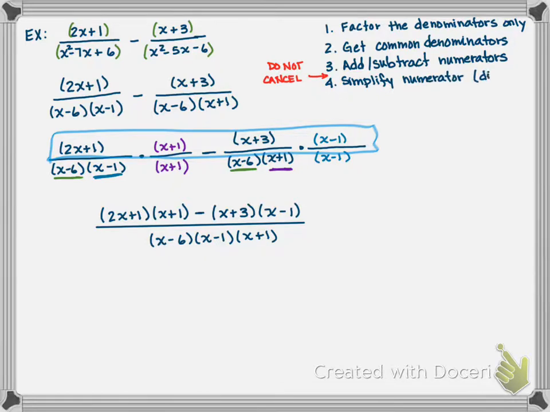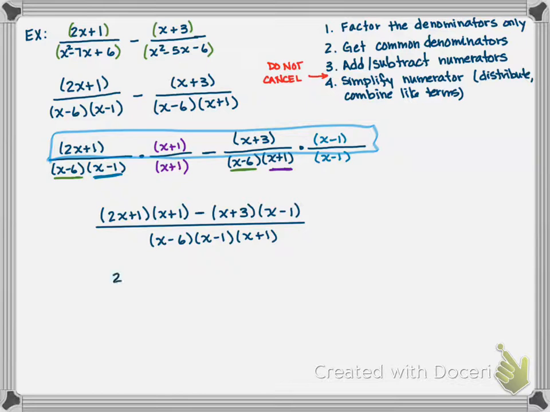So we're going to distribute and combine like terms. And the reason we're doing that in the numerator and not in the denominator is because the numerator is not a product and the denominator is a product. So there's no way we're going to get that numerator to be a product unless we first make it into a simplified polynomial that we know how to factor.